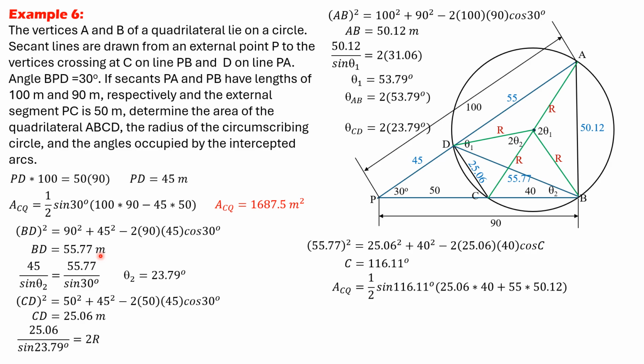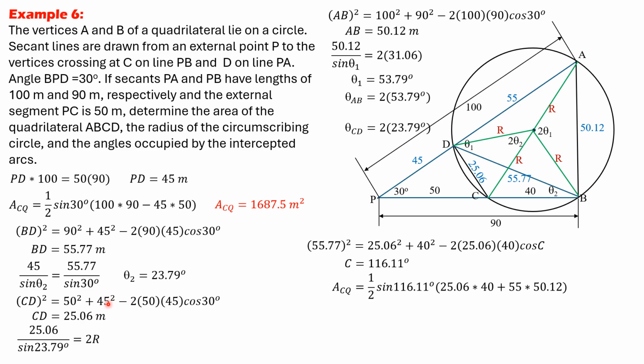Then by sine law we solve for theta 2, which is this. This theta 2 subtends arc CD. Whatever is the angle occupied by that arc CD is equal to the measure of theta 2 by principle. Remember properties of arcs. Then this is the central angle, it subtends 2 times theta 2.